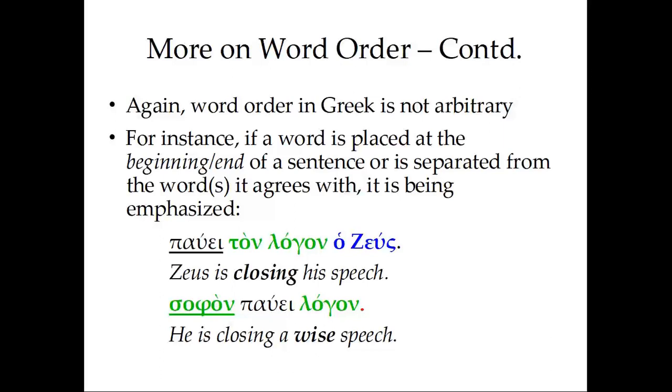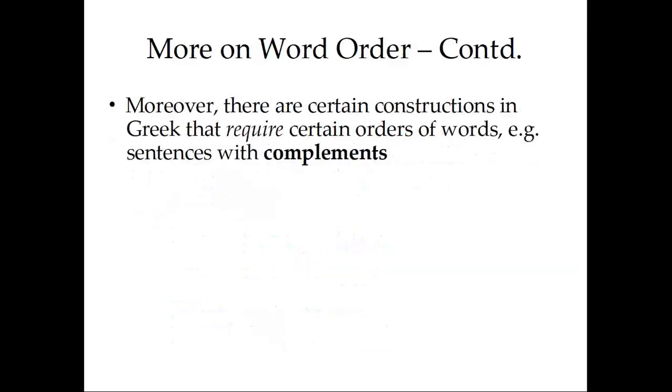In English, we have different ways of putting emphasis on words. Word order is one of those. In Greek, word order is a very common way to emphasize things. Moreover, there are certain constructions in Greek that actually require certain orders of words. For example, sentences with complements. We saw what a complement was before.